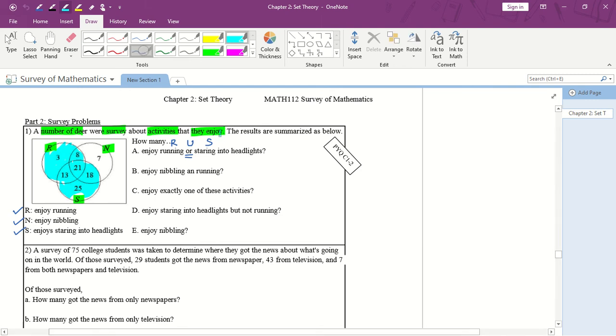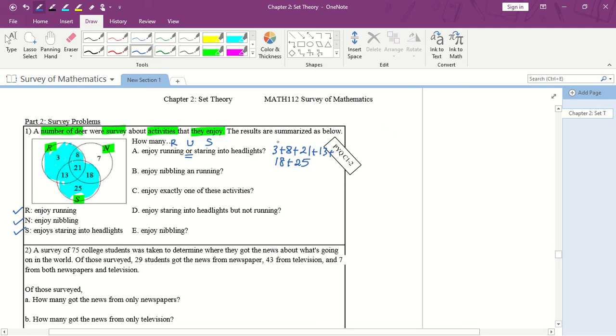We can basically just add up the values that we need: 3, 8, 13, 21, 18, and 25. That is six values, so we need to add them up.